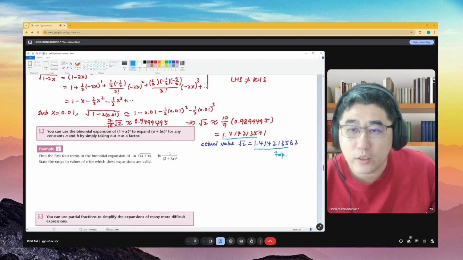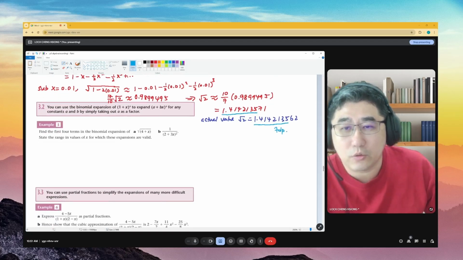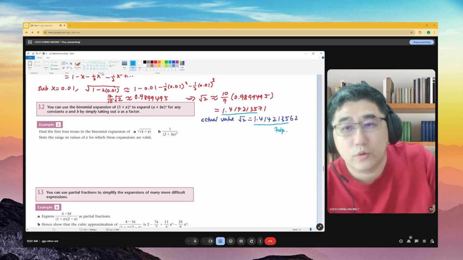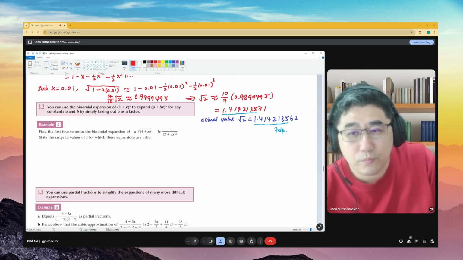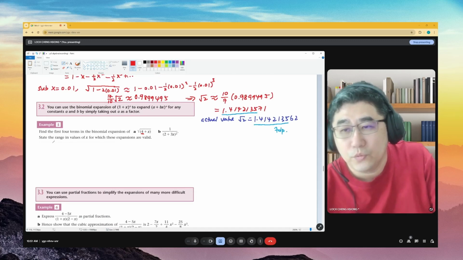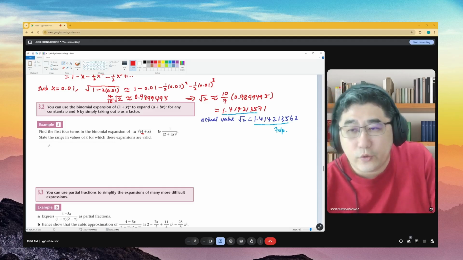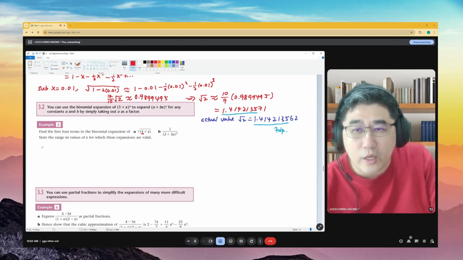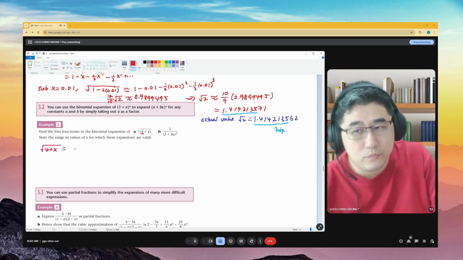Next, what if the front term is not equal to 1? Then we have a 4 here. You need to do your algebra manipulation to make it 1. So you have 4 plus x power 1 over 2.